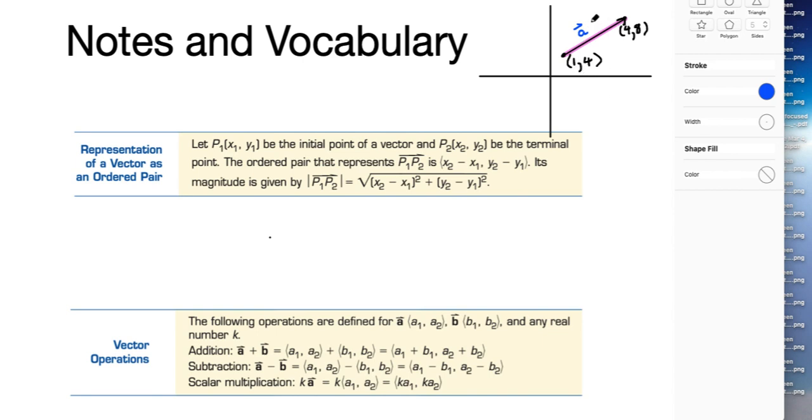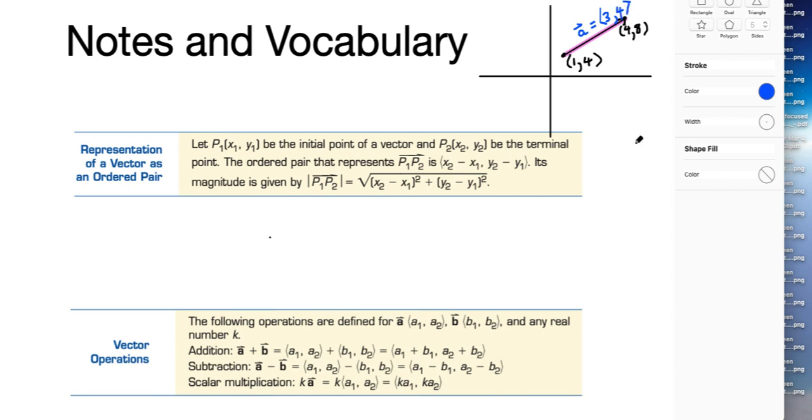So I would write an ordered pair, but instead of parentheses, I'm going to use what looks like greater than and less than signs, an arrow-like parentheses. So the ordered pair I'd use to refer to this would be <3, 4>.